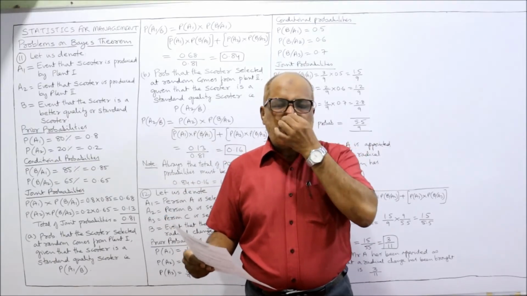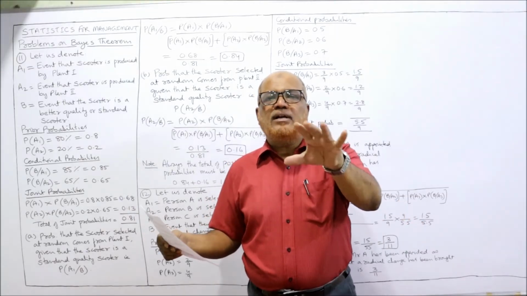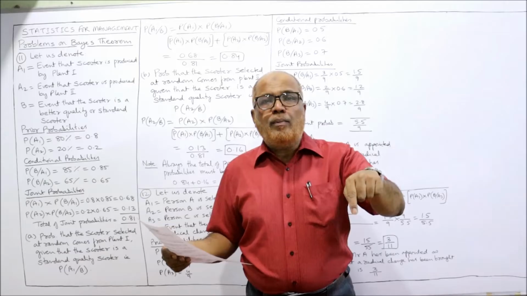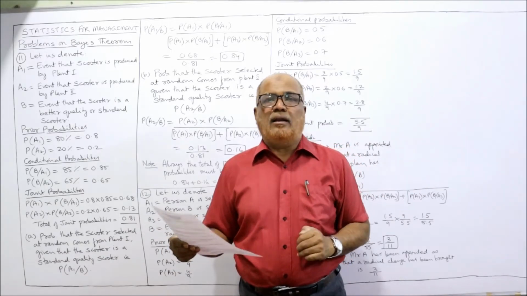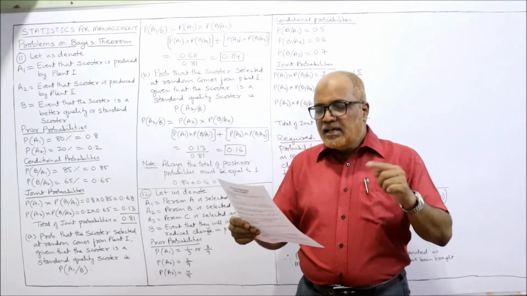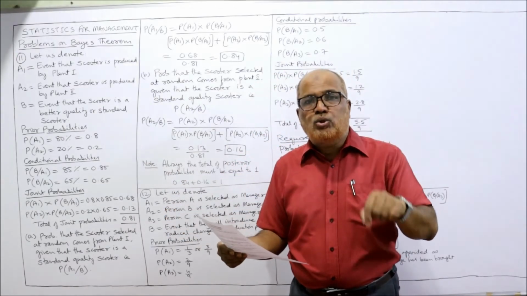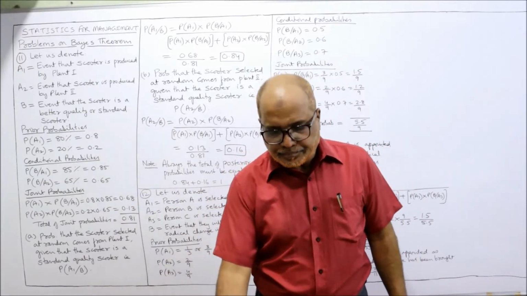Randomly, one scooter is selected from the complete scooters and found to be a better quality scooter. So what is the probability that this better quality scooter has come from plant 1? That is the first question. Second question, what is the probability that the scooter came from plant 2, if it is known that the scooter is of better quality?